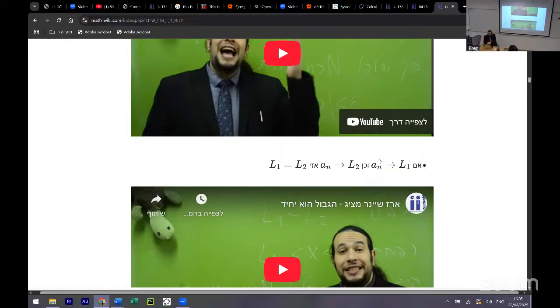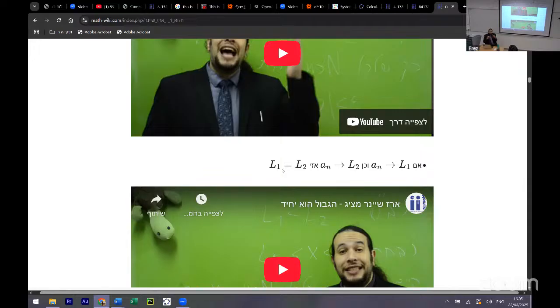Some of them I proved, some of them I just state. I think this one was the one I stated, that if L1 is a limit of an and L2 is also a limit of an, then L1 must equal L2. It couldn't possibly be that the definition of a limit will hold for a certain sequence with two different limits.